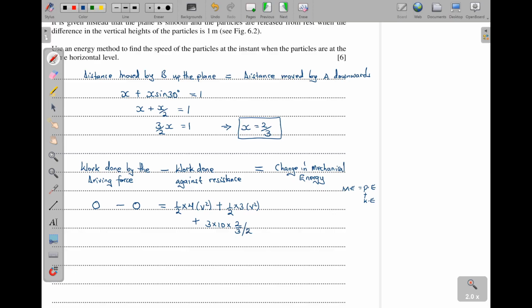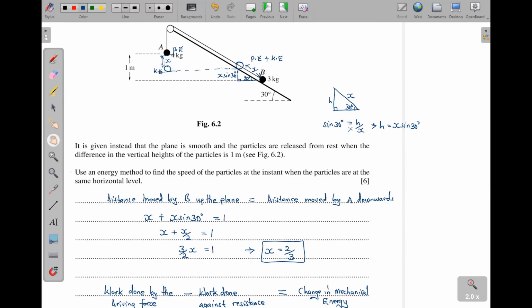You see that? Then minus the initial mechanical energy. It is here when A is having the potential energy, but B doesn't have any, because I told you this is the reference point, so there is no potential energy, and the system was released from rest, so therefore there is also no kinetic energy.